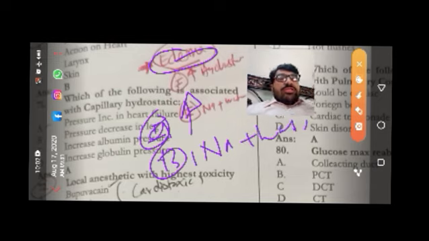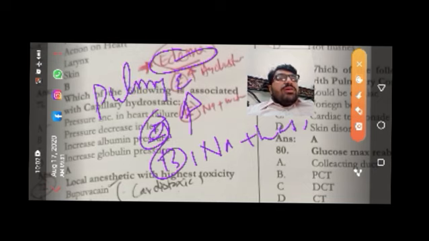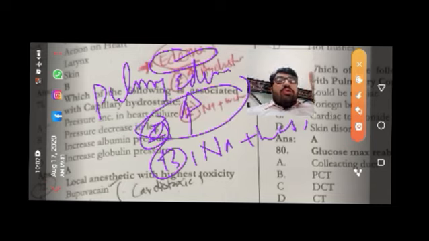Now if you look at this question, both are right, but this is a poor recall. The right MCQ is pulmonary edema in case of CCF. What is the cause? Increased hydrostatic pressure is the answer.